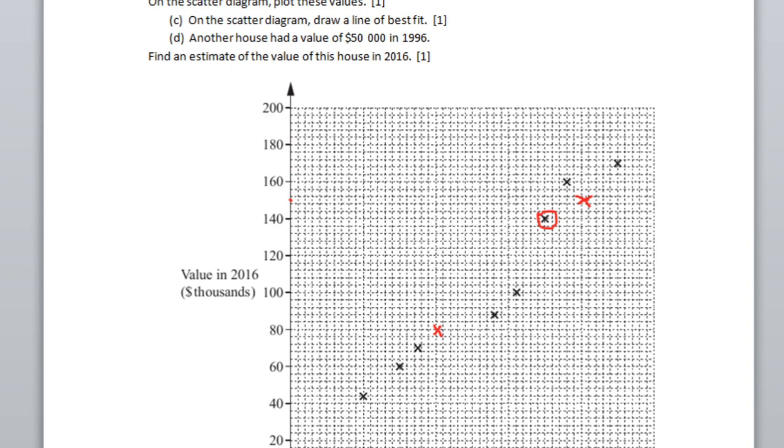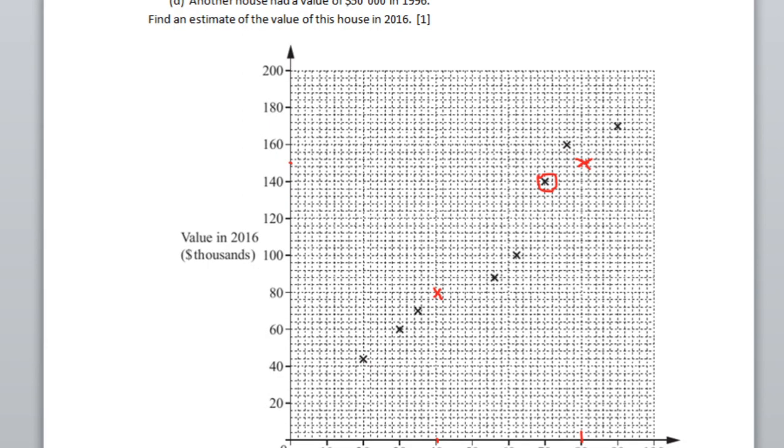Part C says on the diagram draw the line of best fit. So for that again we trace the boundary with a very light pencil that we can rub off later. So we have something like this, and then a shape like this.